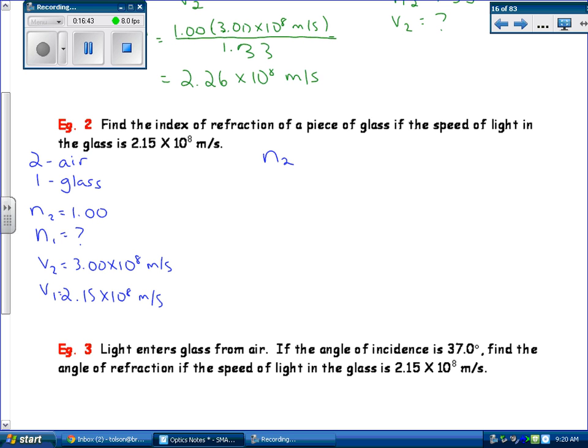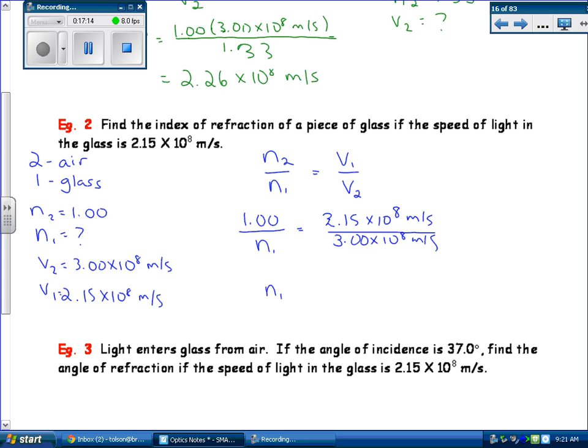So we're using the same relationship we used up top, N2 over N1 equals V1 over V2, and we want to find N1. So 1.0 over N1 equals 2.15 times 10 to the 8 meters per second divided by 3.00 times 10 to the 8 meters per second. Then you can just go right to your answer if you want. You don't actually have to show me the rearranging part.